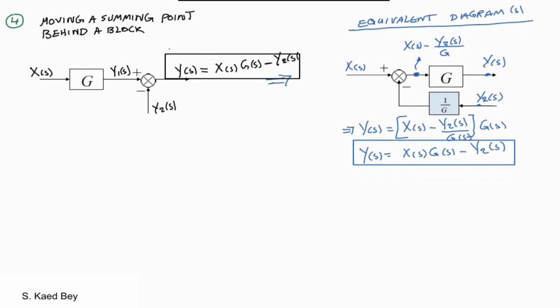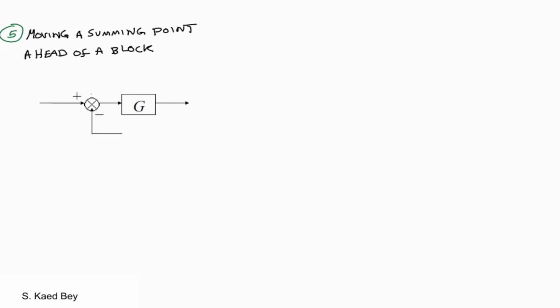The fifth transformation is also an intermediate transformation. Here, we need to move a summing point ahead of a block.